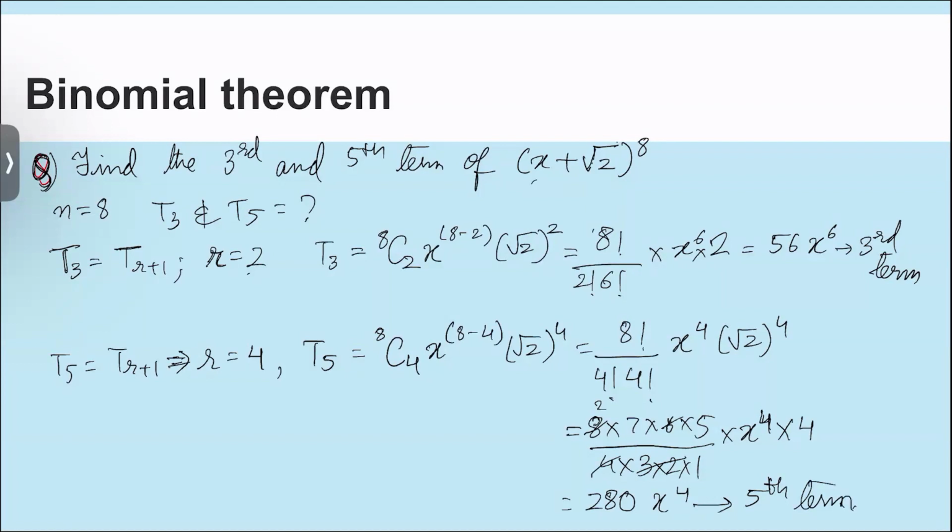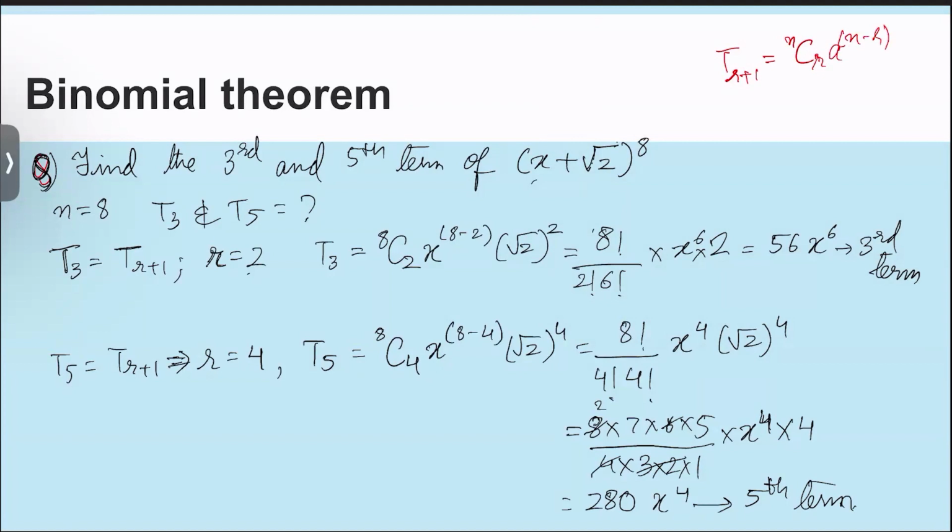Even if you do not know the general term, T R plus 1, we will also see later on, there are proofs related to this and easier ways to find terms. Even if you don't remember this general form, you can still get different kinds of terms if you remember the rules.